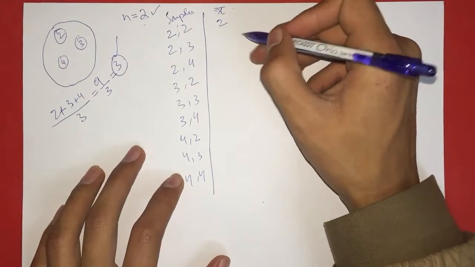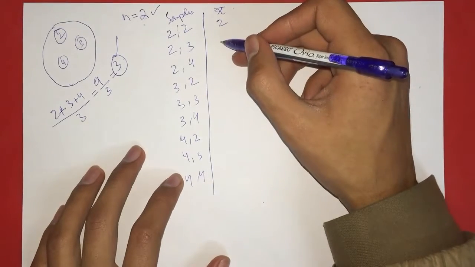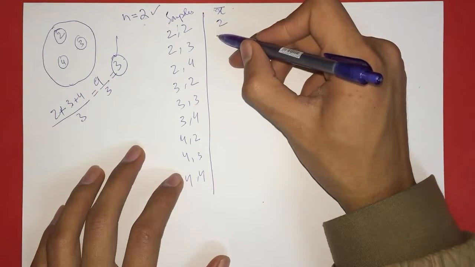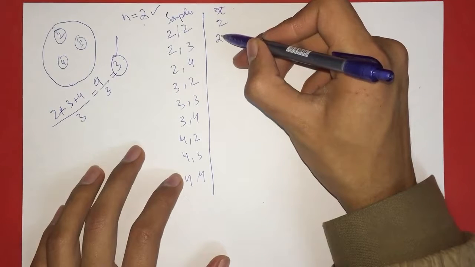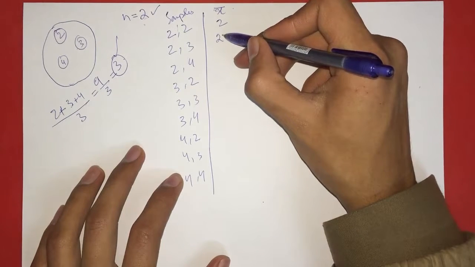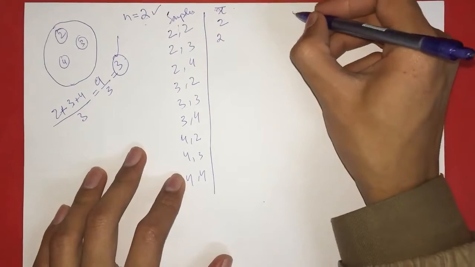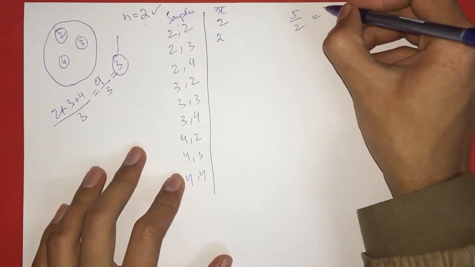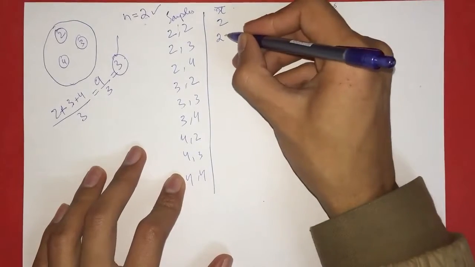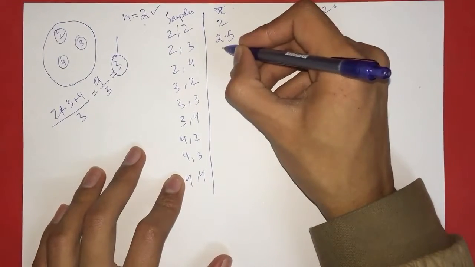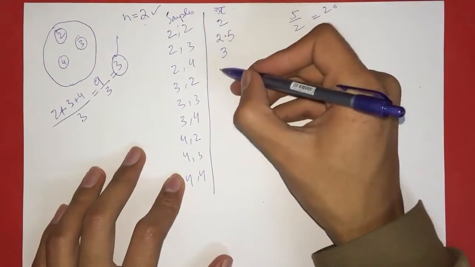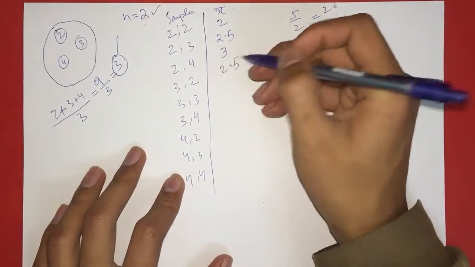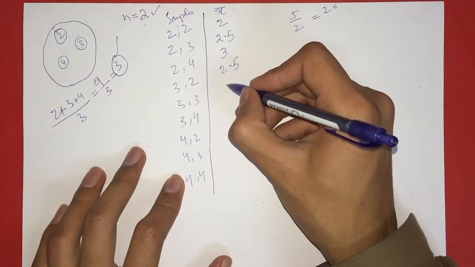For 2 3, 2 plus 3 is 5 by 2, which is going to give you 2.5. So this is 2.5. This is 3. This is 3 plus 2, 5, so 2.5. This is 3 again.